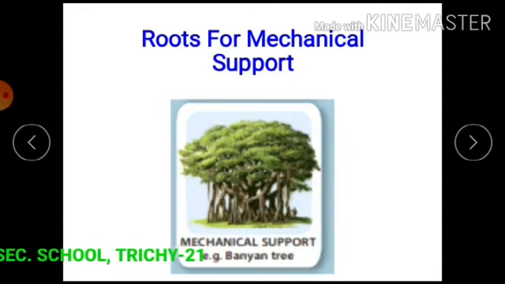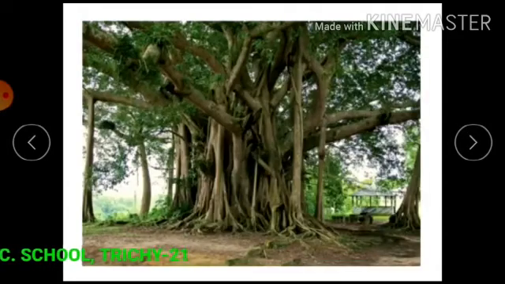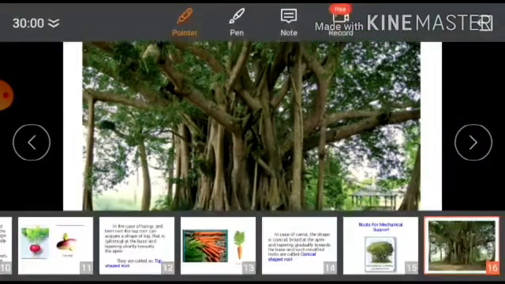Roots for mechanical support. This is a banyan tree. Look at this banyan tree. It seems to have many trunks supporting it. Many of them are actually roots. As the banyan tree is large and huge, it needs support not to tilt and fall down.